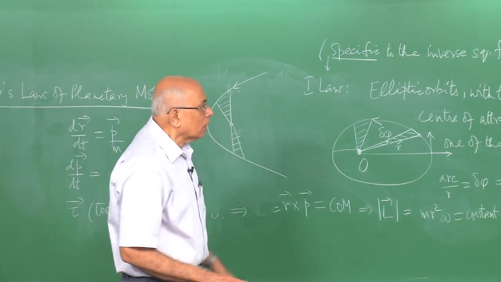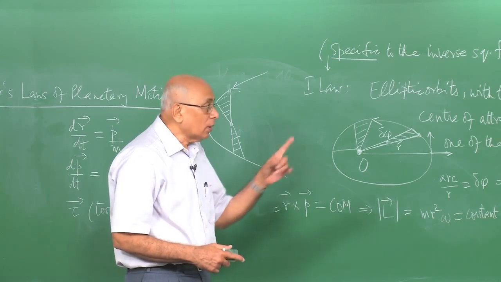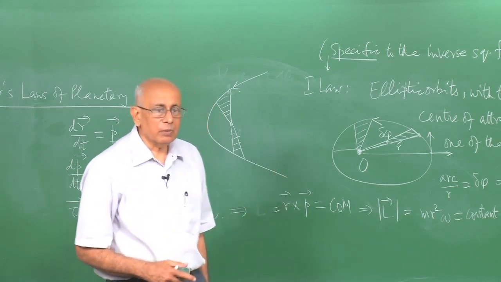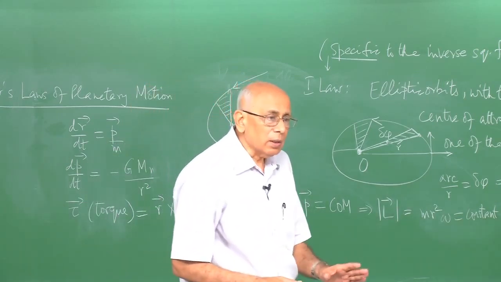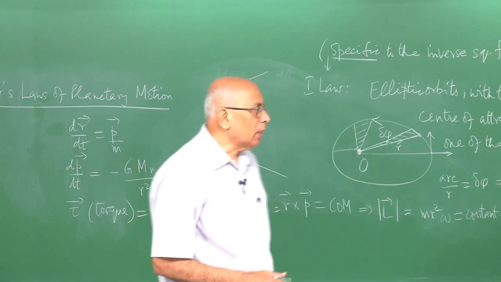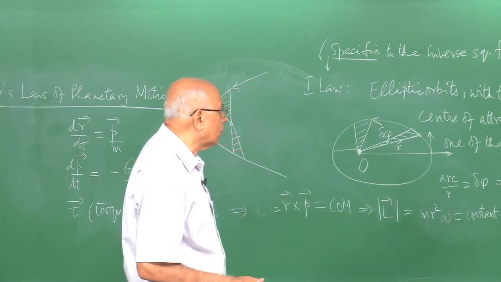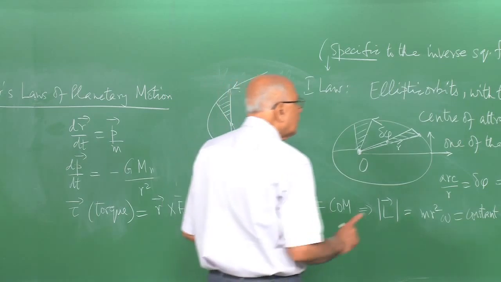Okay. So it's worth appreciating the fact that this law is really a general statement, conservation of angular momentum, and not specifically restricted to elliptic orbits in an inverse square law of force. What about the third law?